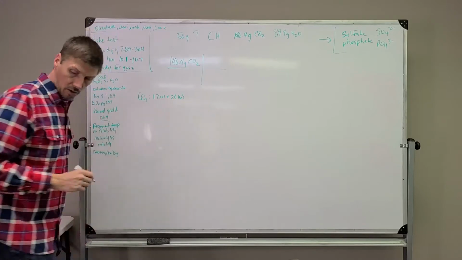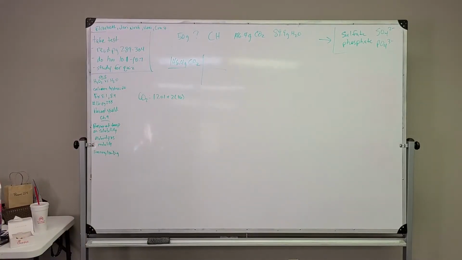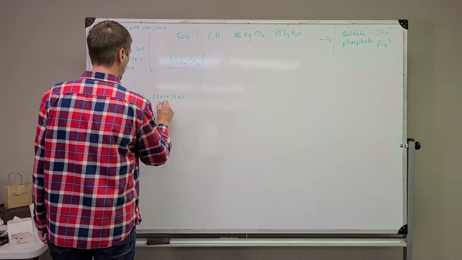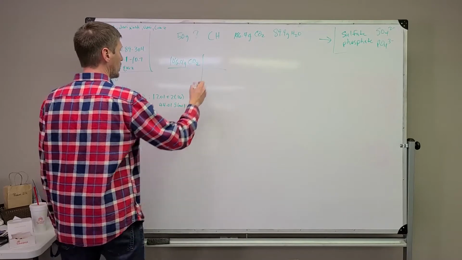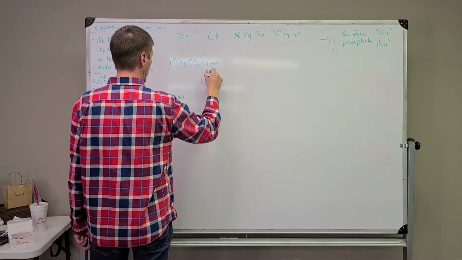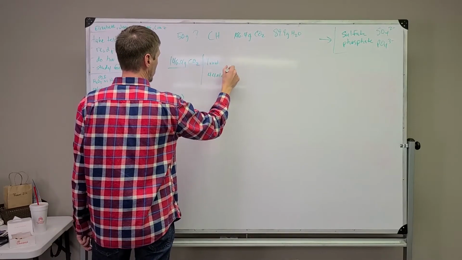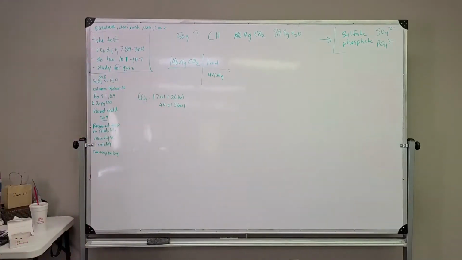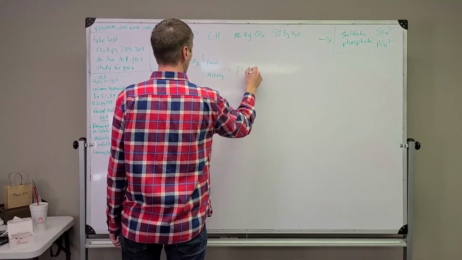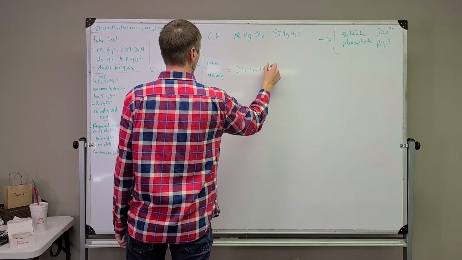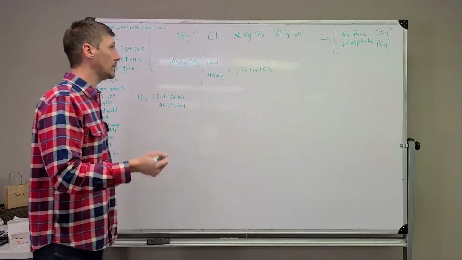So for carbon dioxide, it's 44.01 grams per mole. And so we put 1 mole on top here, 44.01 grams on the bottom there. And so how many moles of carbon dioxide do we have? We have 3.327 moles of CO2.